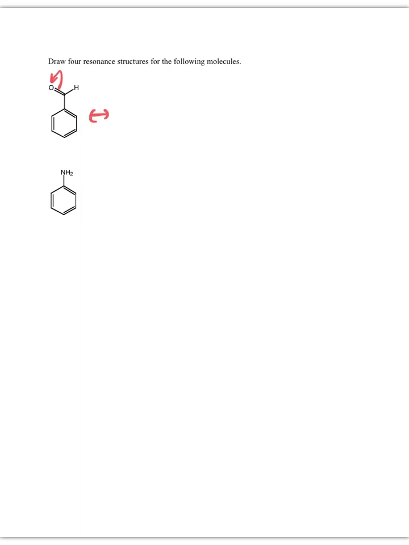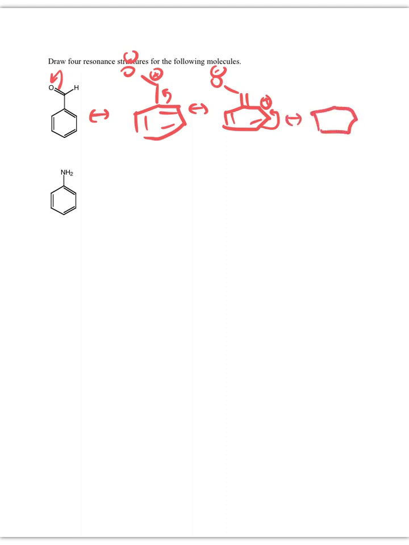With the oxygen off of the double bond, we know all we can do is send the electrons up to the oxygen to form a negative and a positive on the benzylic carbon, and then just chase the positive around the ring, till we get the right number of resonance structures. And this one we can draw 6. Normally I only ask for 4 in a resonance structure, but we'll draw all of them just to get them all in.